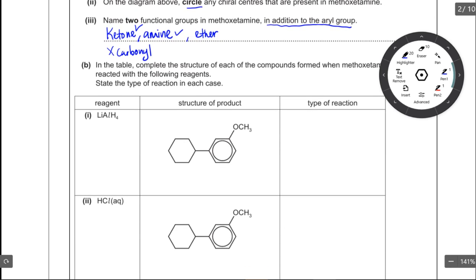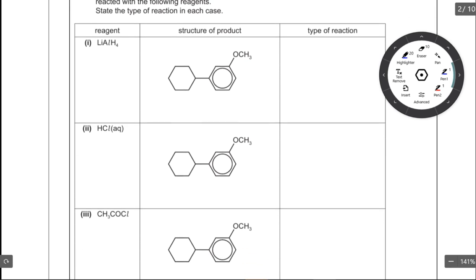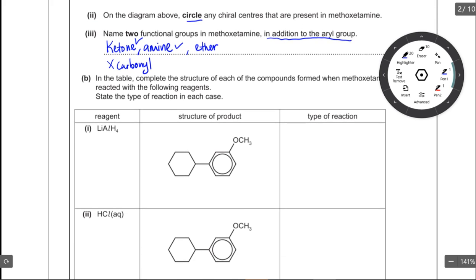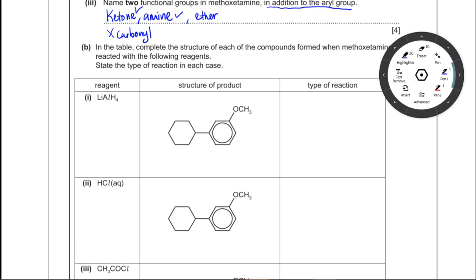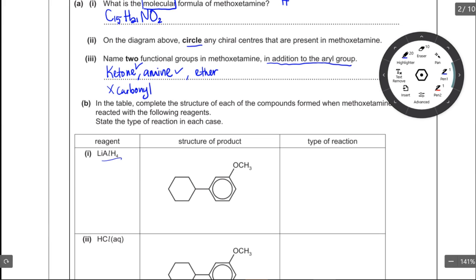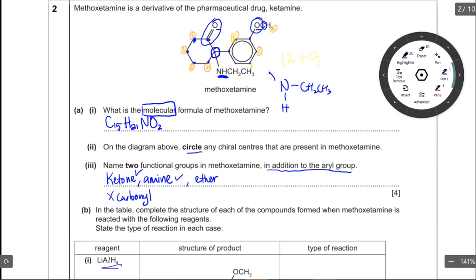Okay, let's move on to the next section. Next question. Alright, look at B. I think B is the part where many got this incorrect. So you have reagent as lithium aluminum hydride. Let's look at this original structure.